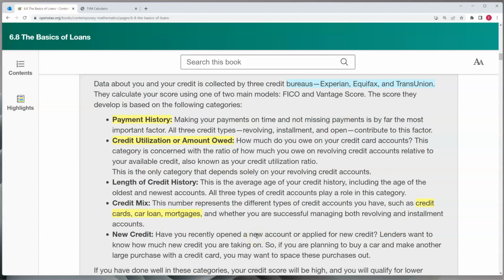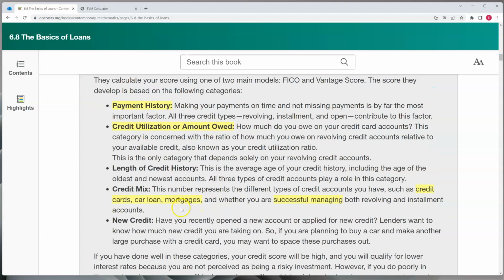Those are a type of credit which would add a different diversity to your credit mix. And not only having diverse ones, but it's very important that it even says successfully managing both revolving and installment accounts. So revolving, again, is like your credit cards, and installment accounts is, for example, a car payment. So having a mix of those.